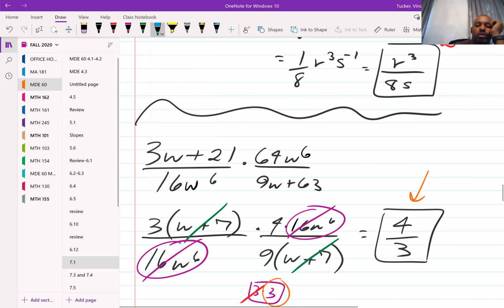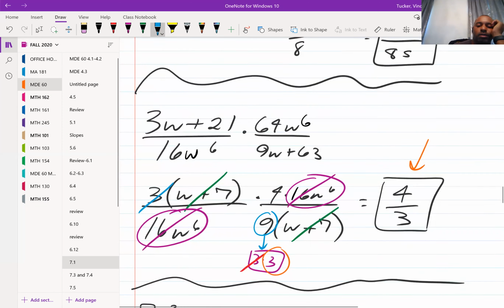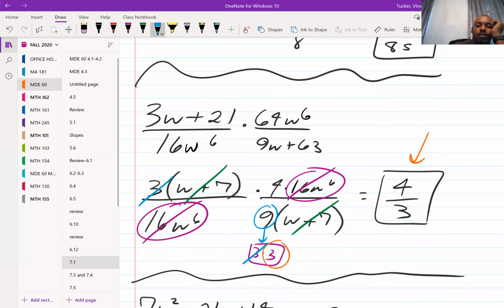And also, this 9 has a 3 in it, so I can cancel out one of those 3's, which would leave me with a 3. So everything cancels out except for this 4 and this 3. And it gives me 4 over 3.